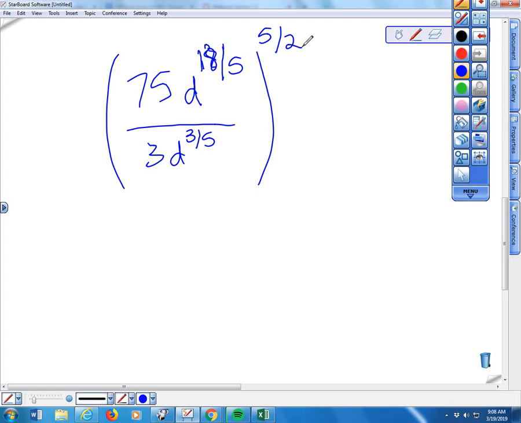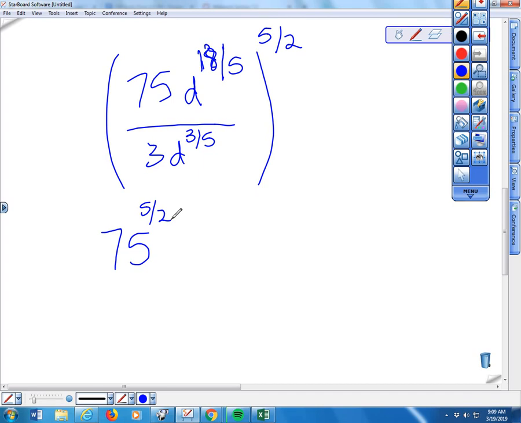Right. So we have 75 to the 5/2. We have d to the 18/5. What do I do with the exponents? You're just multiplying them, because when I raise an exponent to an exponent, I multiply. Okay? So 18/5 times 5 over 2.